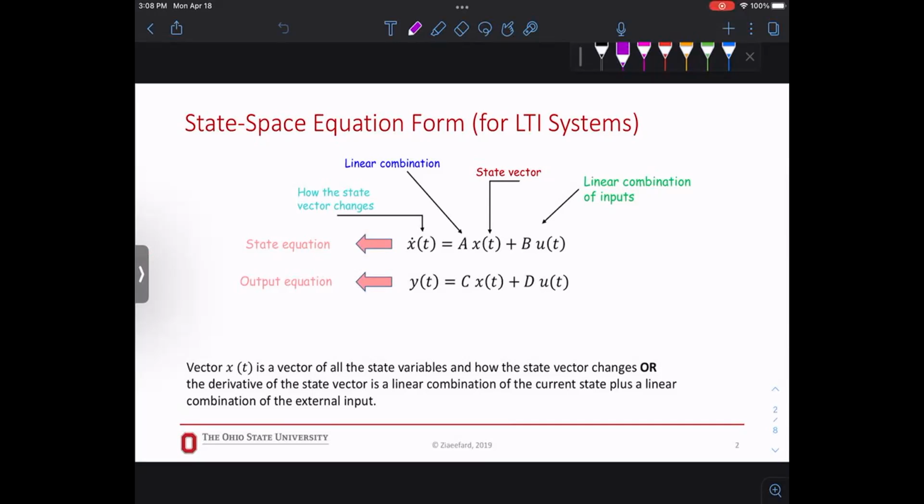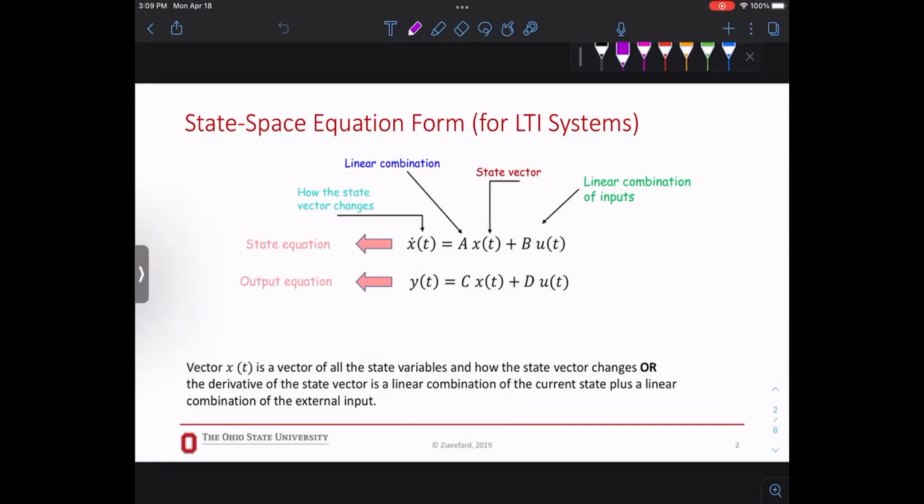The A matrix represents the dynamics of your system, the system itself. So x dot is A times x plus B times u, how the input is applied to our system. This becomes our first equation, the state equation.